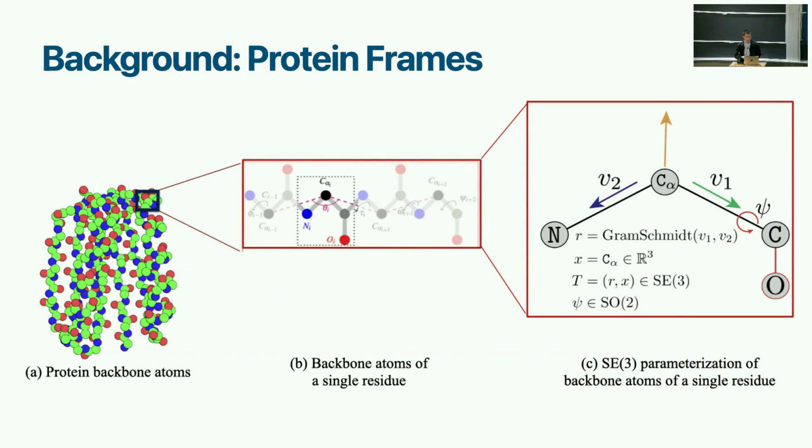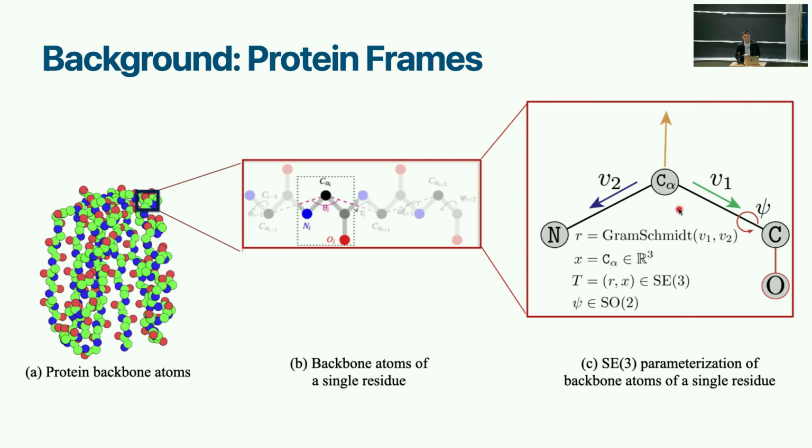This is going into biochemistry a little, looking at how a protein is actually constructed. If we zoom into the atoms here, I've already mentioned that there's this pattern of 4 atoms that is repeated throughout the chain. It's just flipped here and also repeated there. We can realize that these 4 atoms are usually very rigid, and then we can represent them by an element of SE3, the special Euclidean group that has both a translation component and a rotation component.